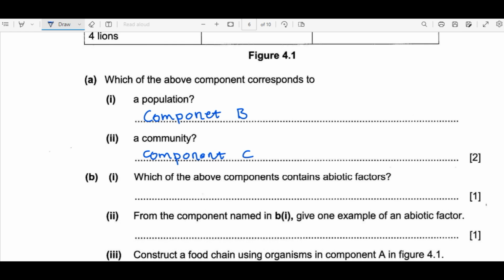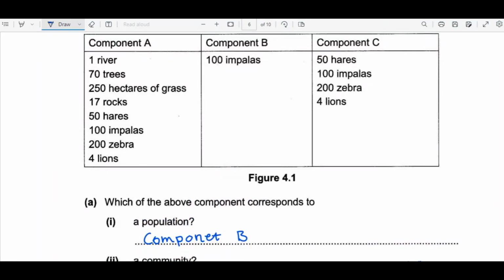B1, which of the above components contains abiotic factors? According to ecology, abiotic refers to non-living things, then biotic to living organisms. So from this component, river is abiotic, rock is also abiotic.